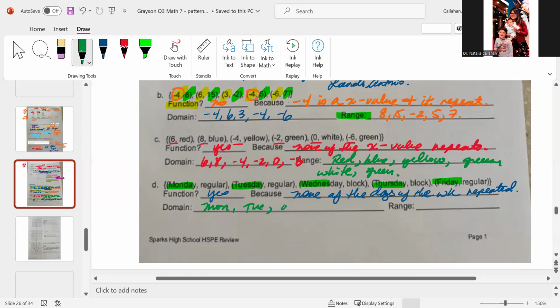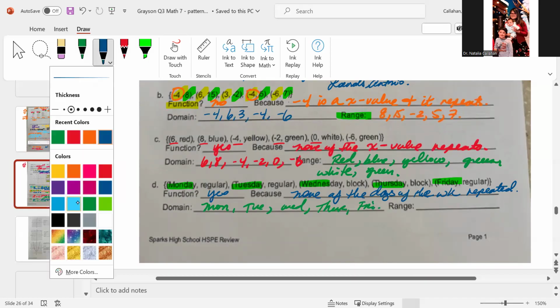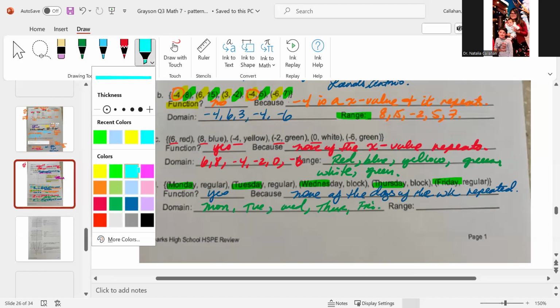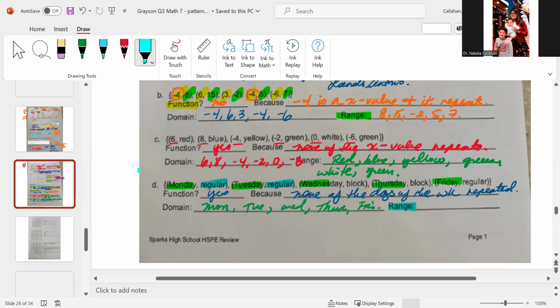Monday, Tuesday, Wednesday, Thursday, Friday. What are your ranges? Those are the Y values: regular, regular, block, block, regular. So your range will be regular and block. You don't need to write them several times down. This is fine.